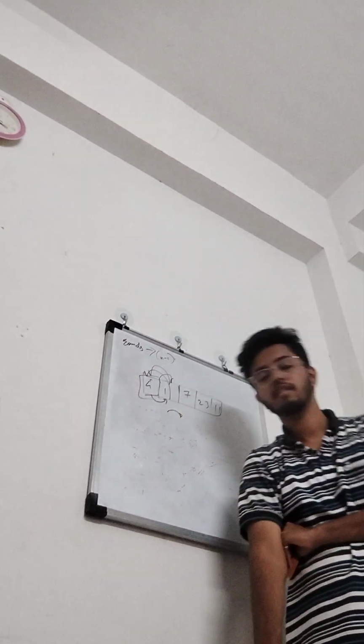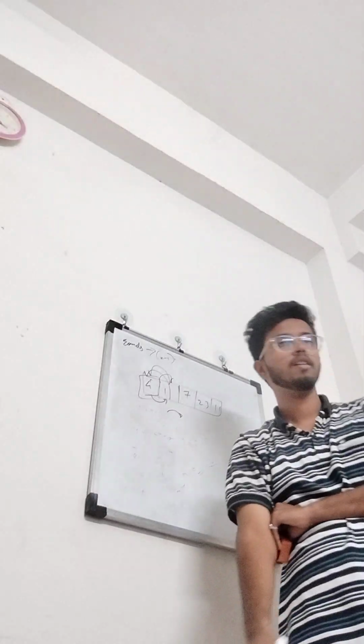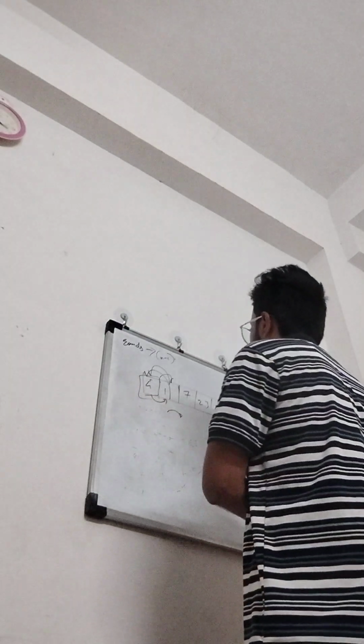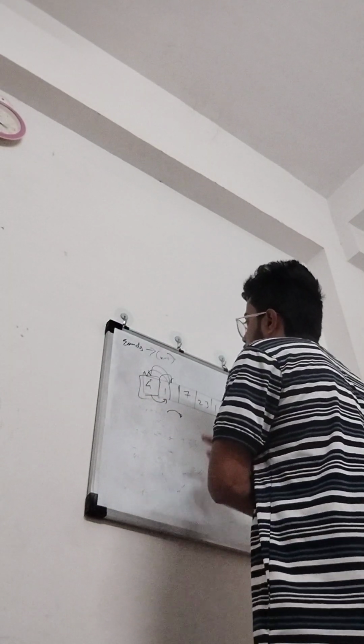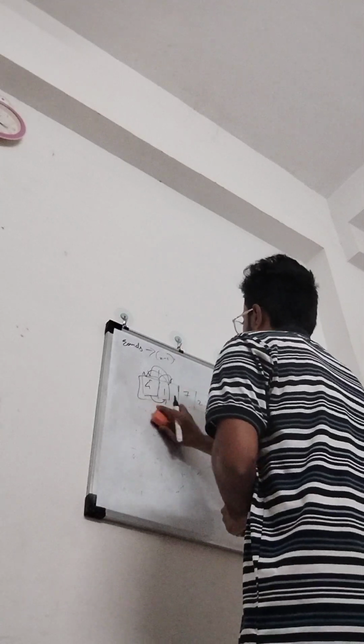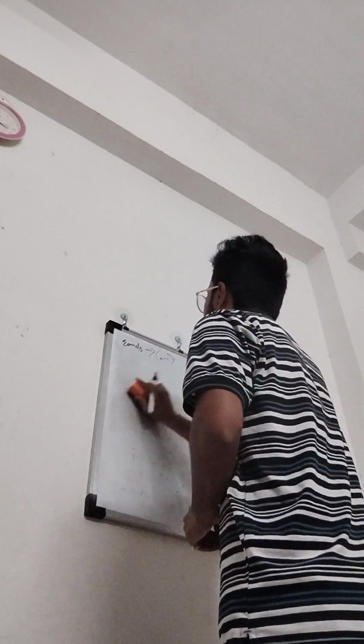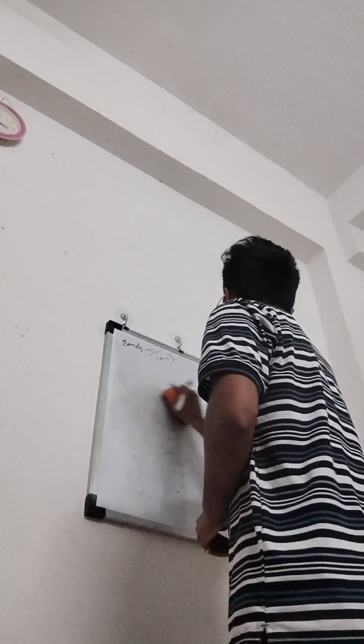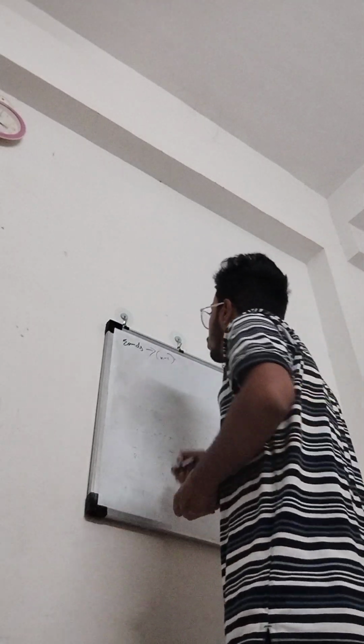Okay, so let's try writing it in the code itself. So how many rounds? N minus 1.